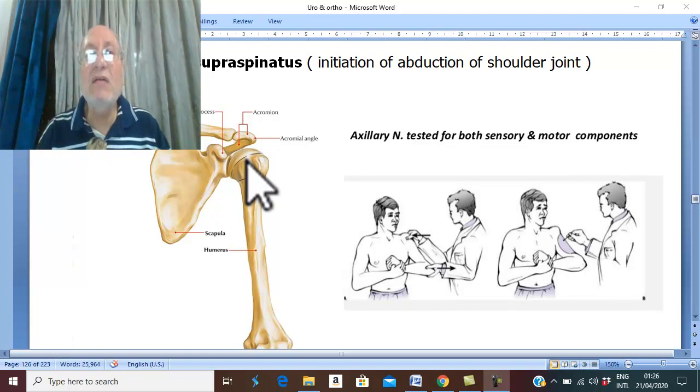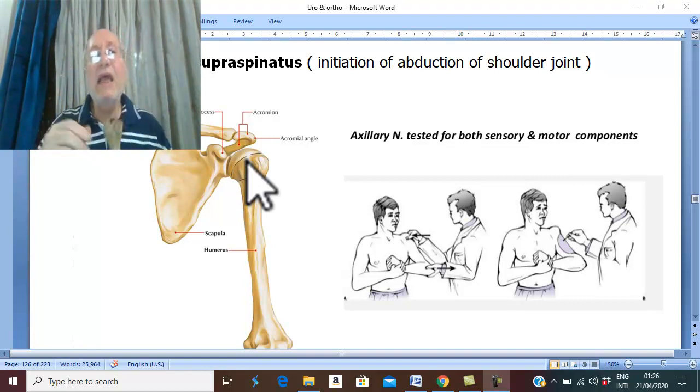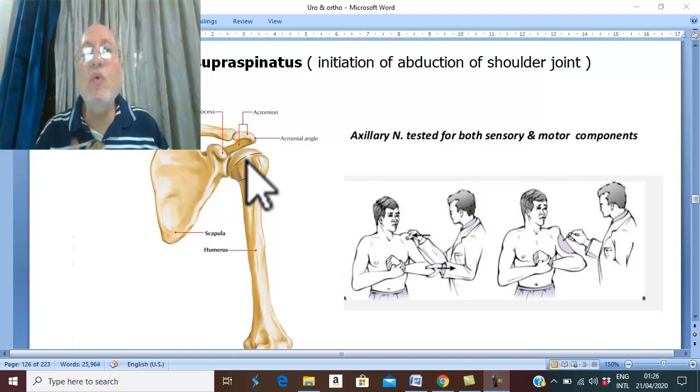Neuropraxia is characterized by spontaneous recovery within about 3 weeks, because in neuropraxia there is no structural damage, no damage in the axon or in the nerve sheath. There is just a shock in the nerve, and the nerve recovers from this shock within 3 weeks.